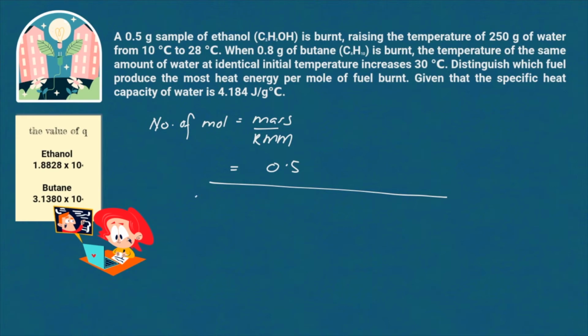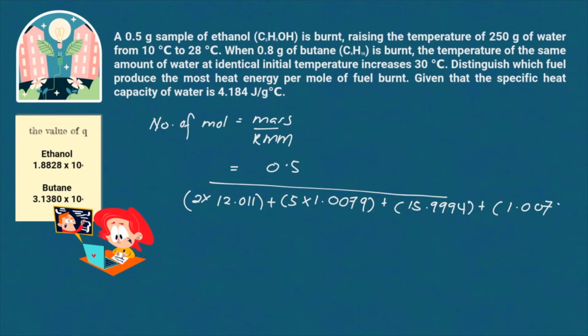Because you have 2 carbons, so 2 times 12.011, plus, and then you have 5 hydrogen, so 5 times 1.0079, plus, then you have oxygen, just one oxygen, so 15.9994, plus, last one you have hydrogen again, so 1.0079.